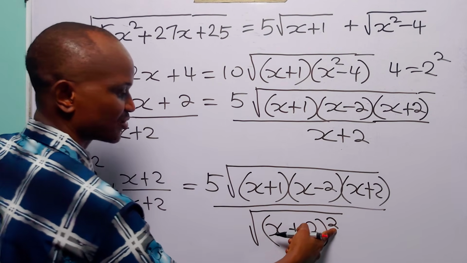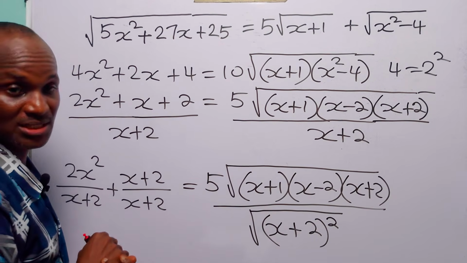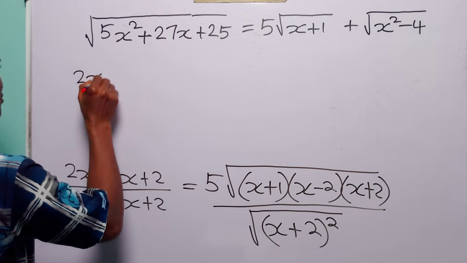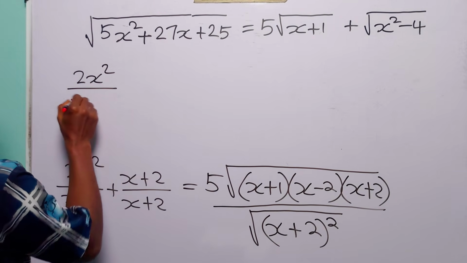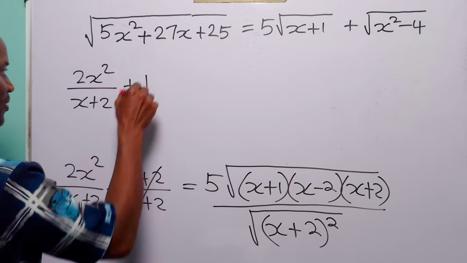Of course, you know that the square is going to take care of the square root, giving us x plus 2. Now here we have 2x squared over x plus 2 plus this is equal to 1.